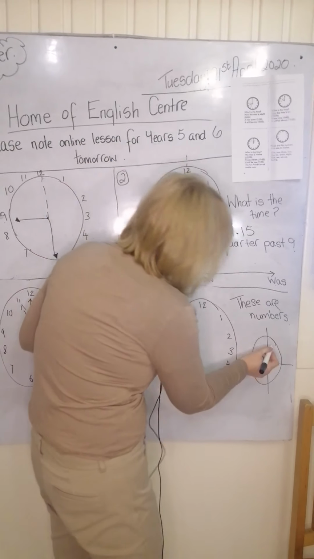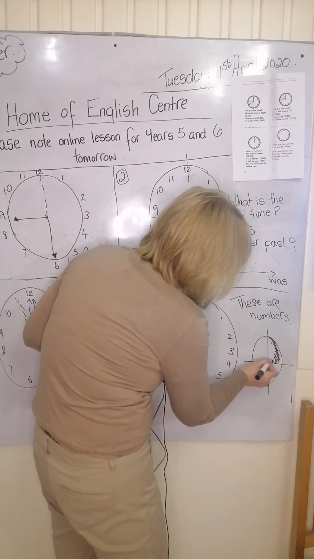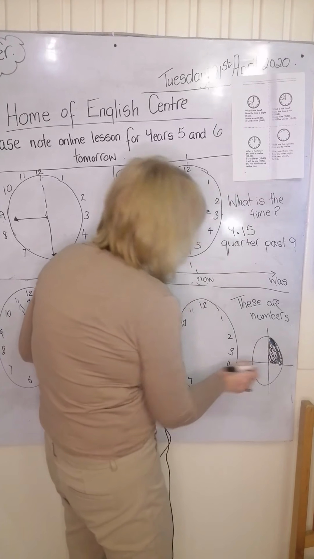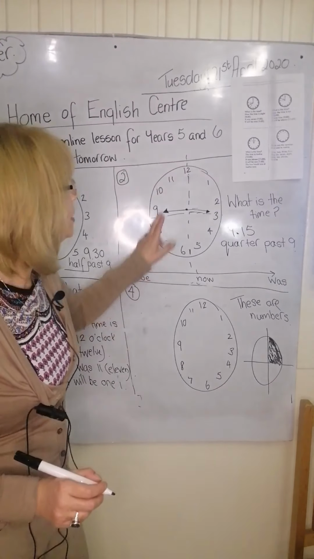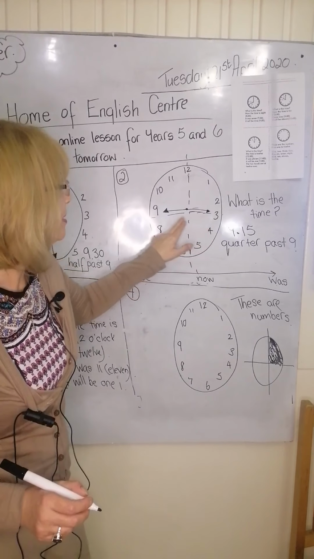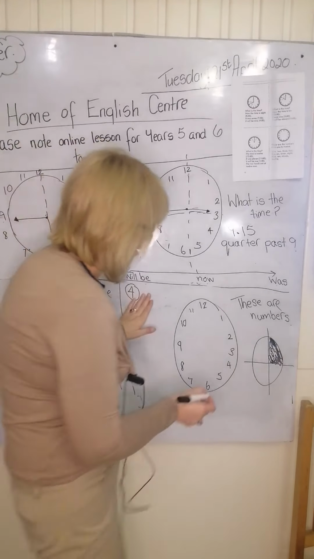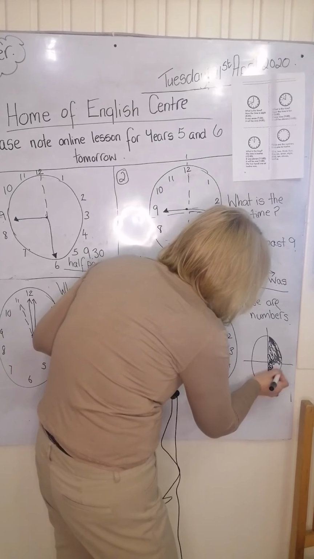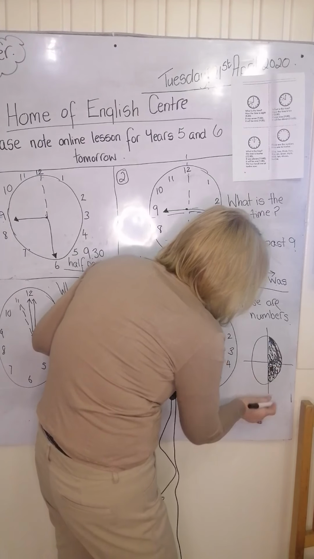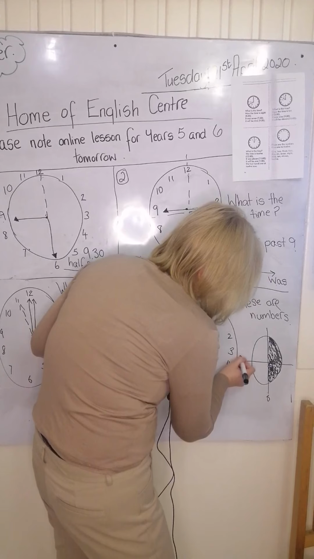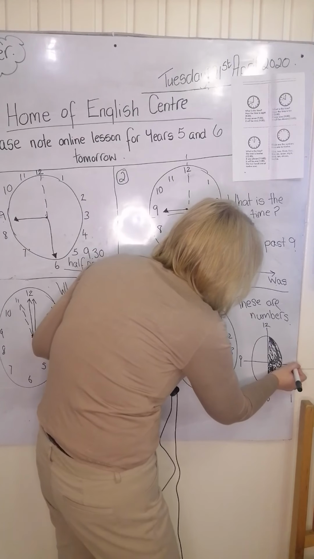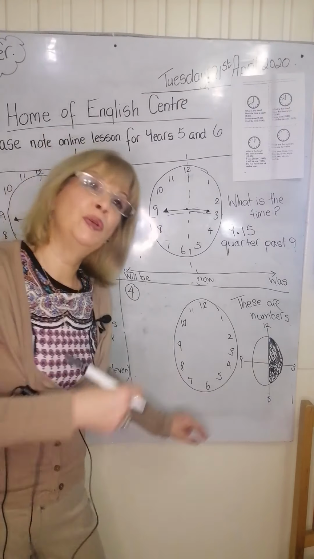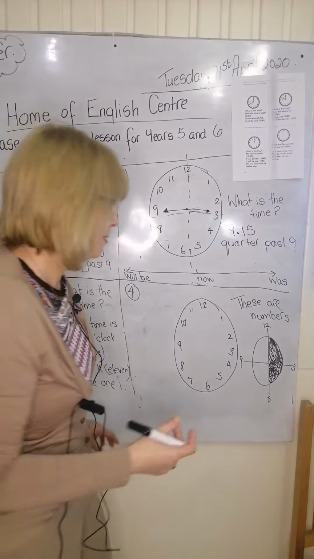So this hand has gone this way round, which is a quarter. So it is a quarter past 9. This is now a half. So you have your 6 here, your 9 here, 12 here, 3 here. So it has gone half the way around. So you know it is half past.